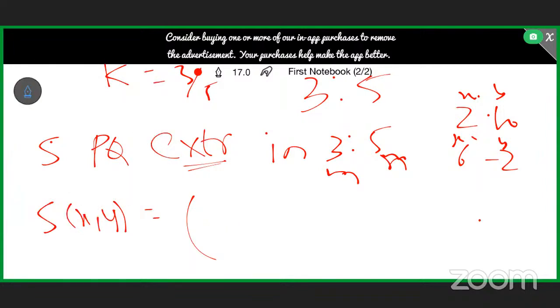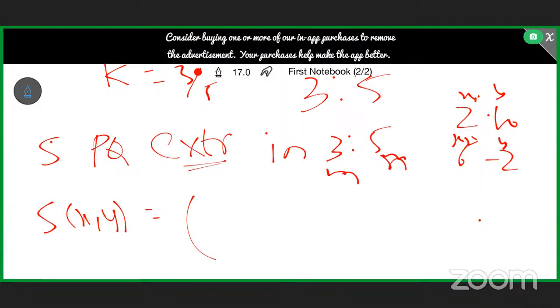This is x1, this is x2. The ratio is 3 is to 5.